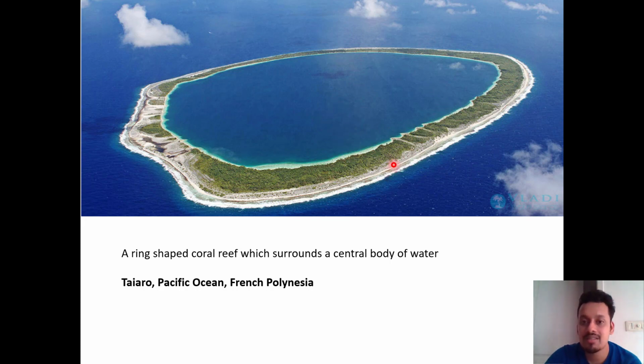So this is more dense and this is less dense. This ring-shaped coral reef, which surrounds a central body of water, usually occurs once a volcano has erupted. Many millions of years ago, there would have been a volcano here, and it has erupted and has caused this clearing.